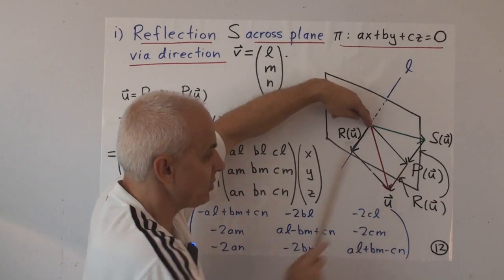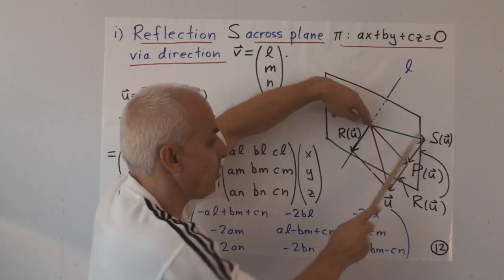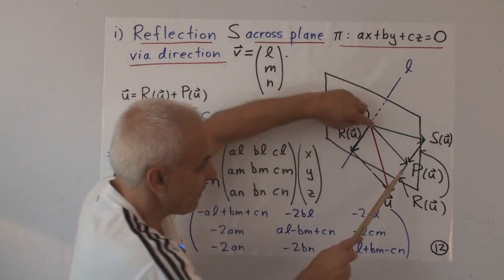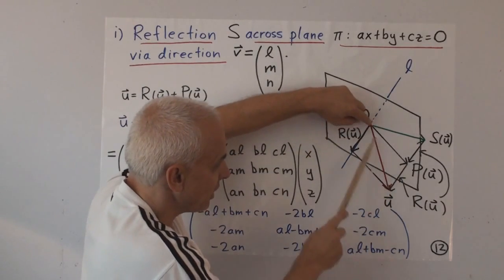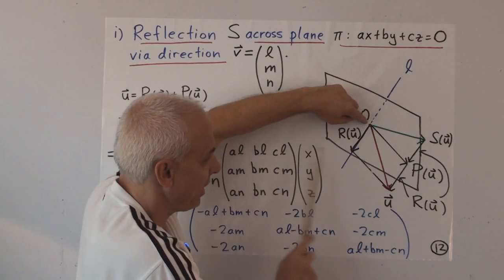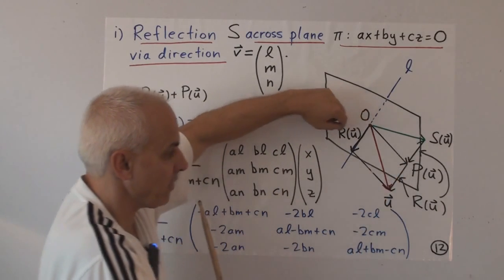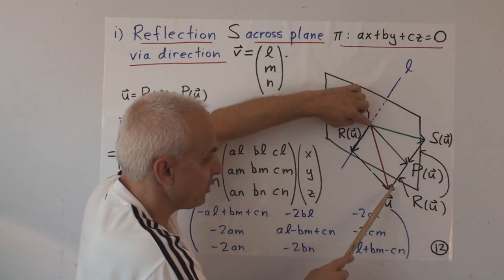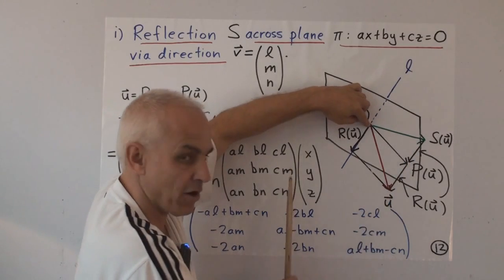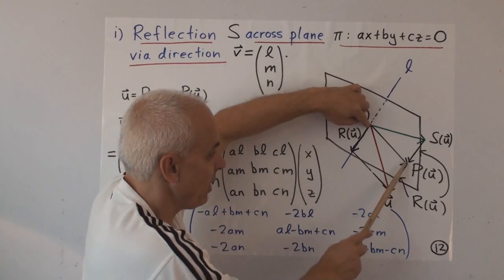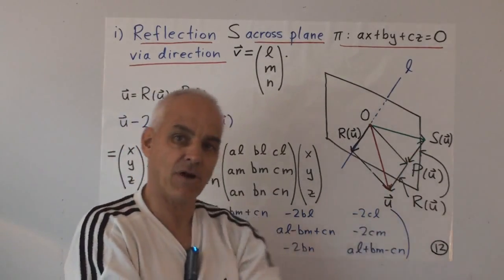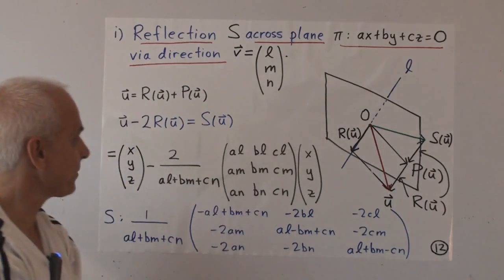So that means we go to the projection and then go an equal amount to the other side. Now this vector here is parallel to this vector. That's the vector R of u that we've already found. So to go from here to there, we need to go backwards along R of u, in other words, subtract R of u, and then we need to subtract R of u again, because we're going an equal amount on the other side of the plane.